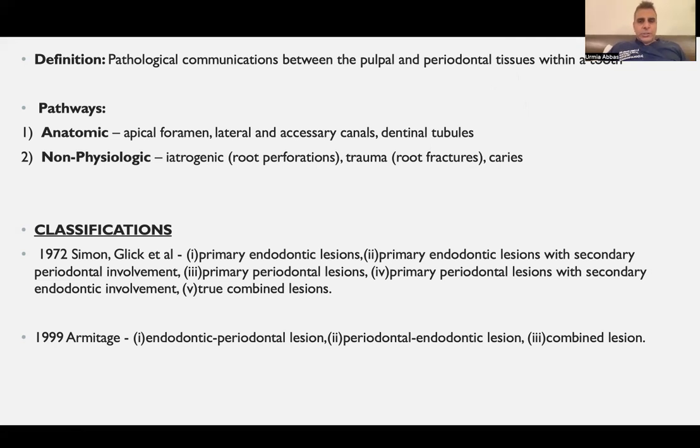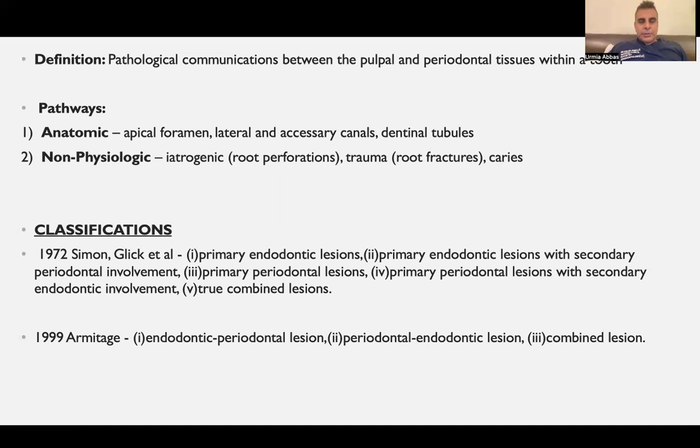So essentially there are some communications which can happen between the pulp and the periodontium. There are two ways these pathways, these communications, can happen.